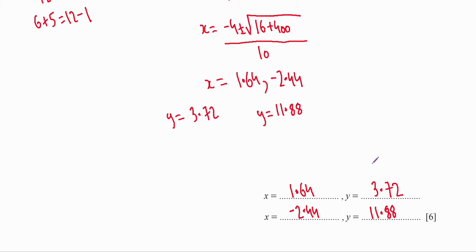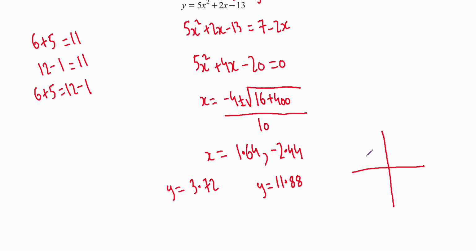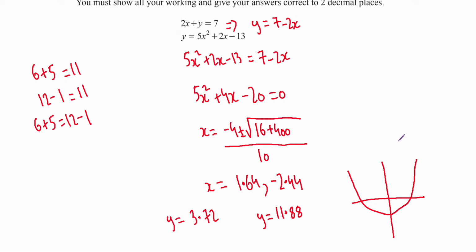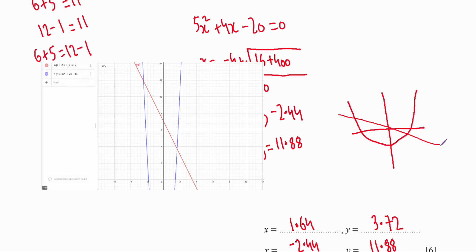Because of what it looks like when you graph it, remember, all we're doing is finding 2 points of intersection. So you have y is equal to 5x squared plus 2x minus 13. Let's say that looks something like this. And then you have y is equal to 7 minus 2x. Let's say that looks something like this. That's not what it looks like, but let's say it looks something like that.